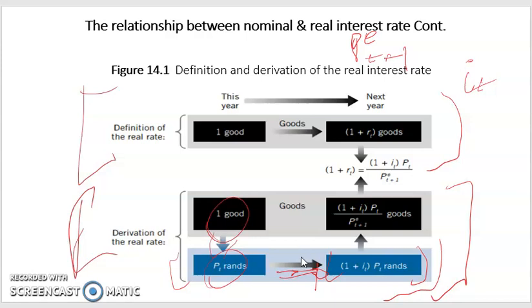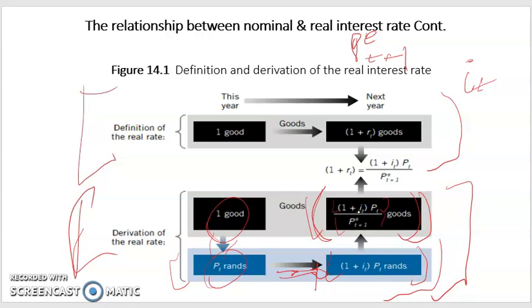So how much you expect to repay next year in terms of loaves of bread is equal to the number of rand you have to repay next year, shown up here, divided by the price of bread in terms of rand expected next year. This is the equation that shows us that conversion.